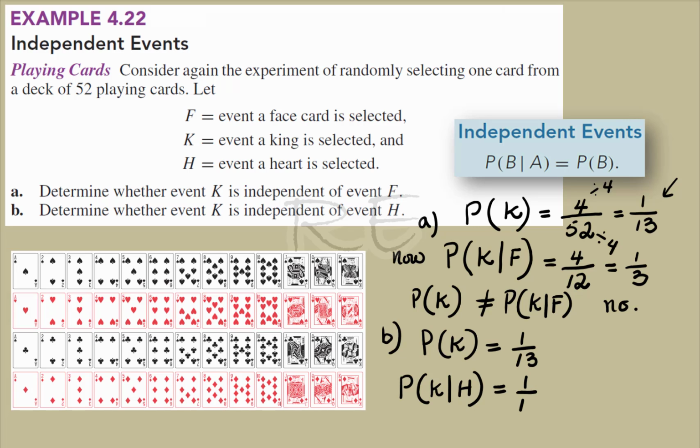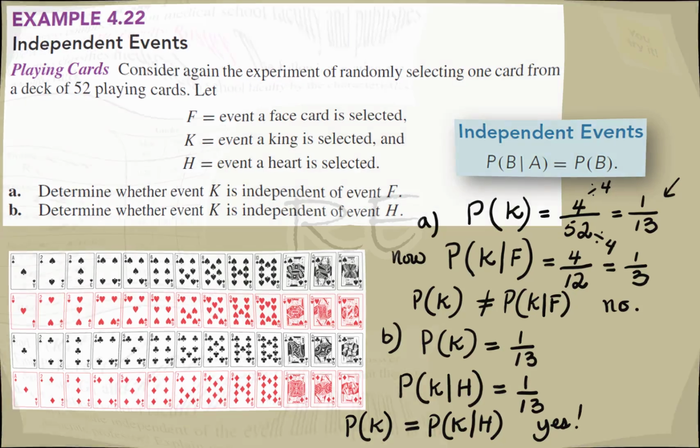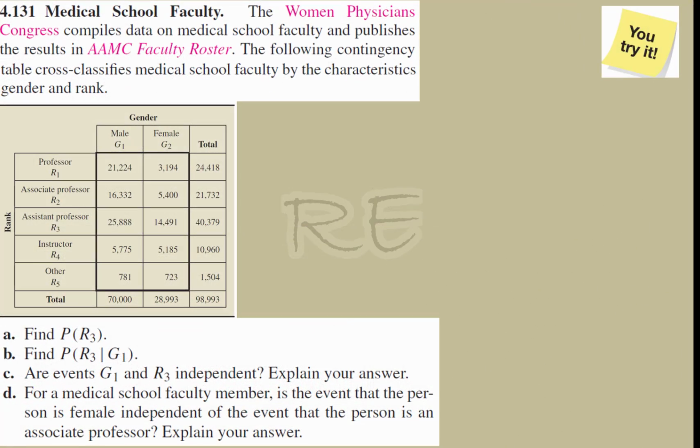We have 1 king of hearts and we have 13 hearts. Therefore, P of K is equal to P of K given H. Therefore, these two events are independent.